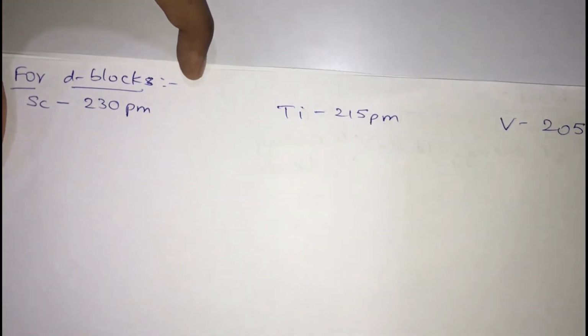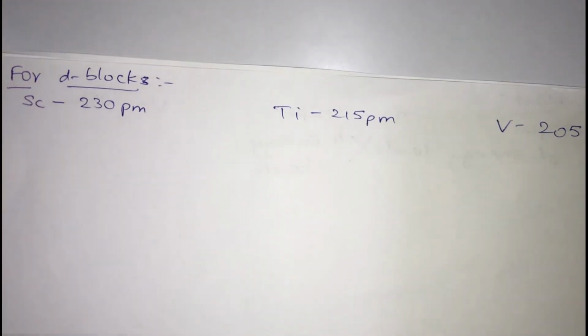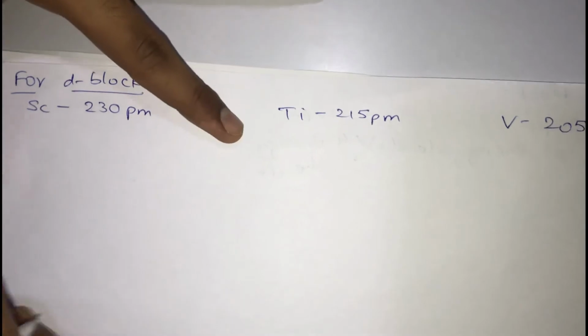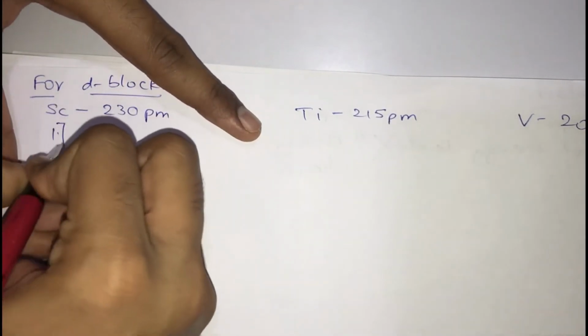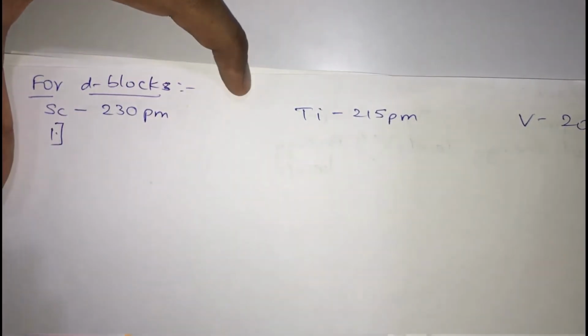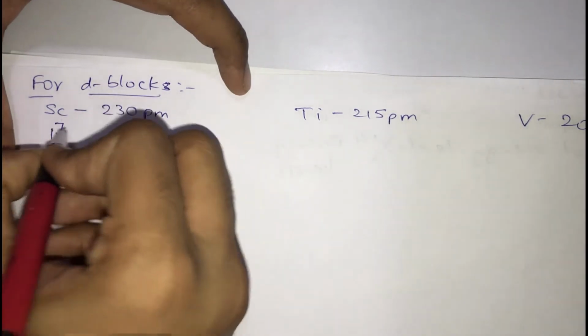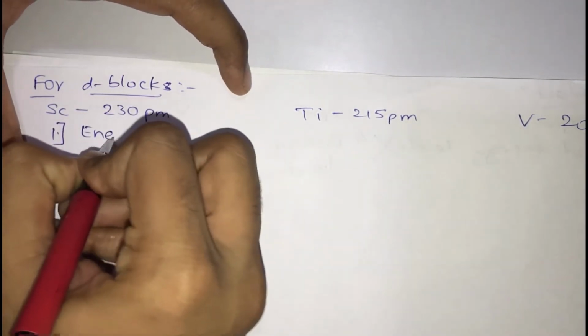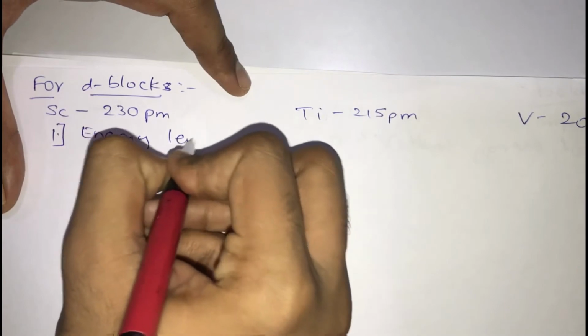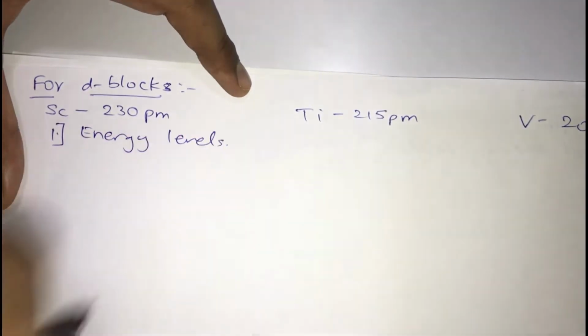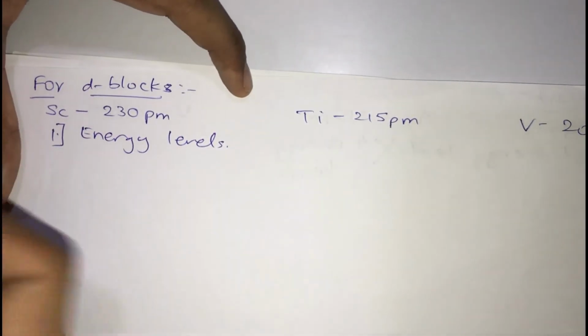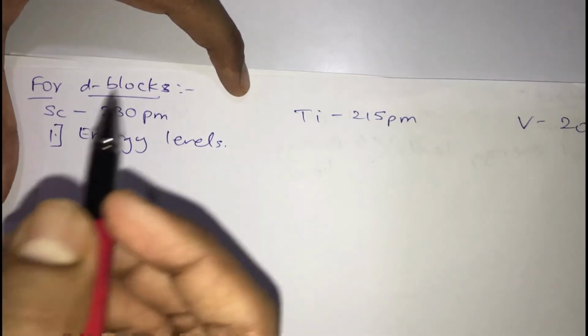Now why it is not decreasing drastically and why it is decreasing in small amounts, let's understand that. So the factors responsible for decrease in the atomic radius, let's understand those. The first factor, energy levels. Can the number of energy levels be the factor which is causing the difference in the radius?